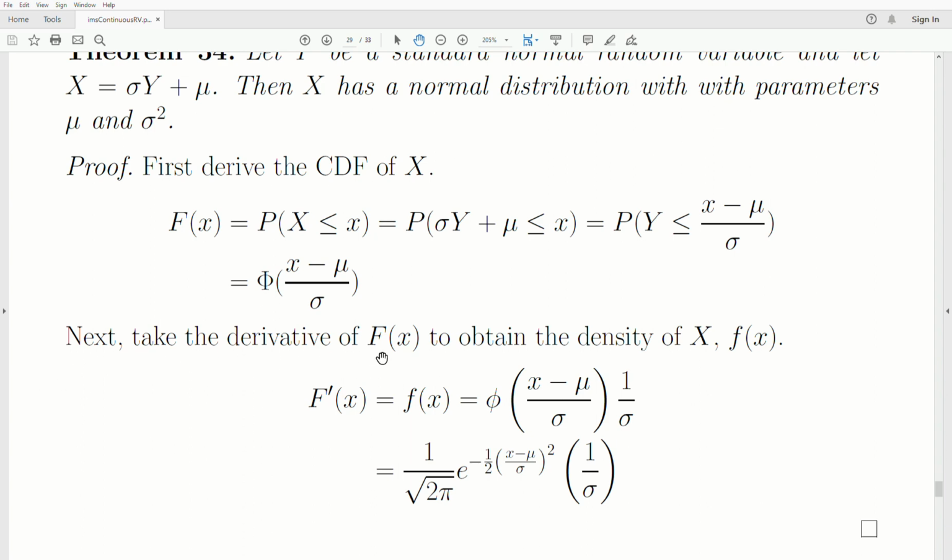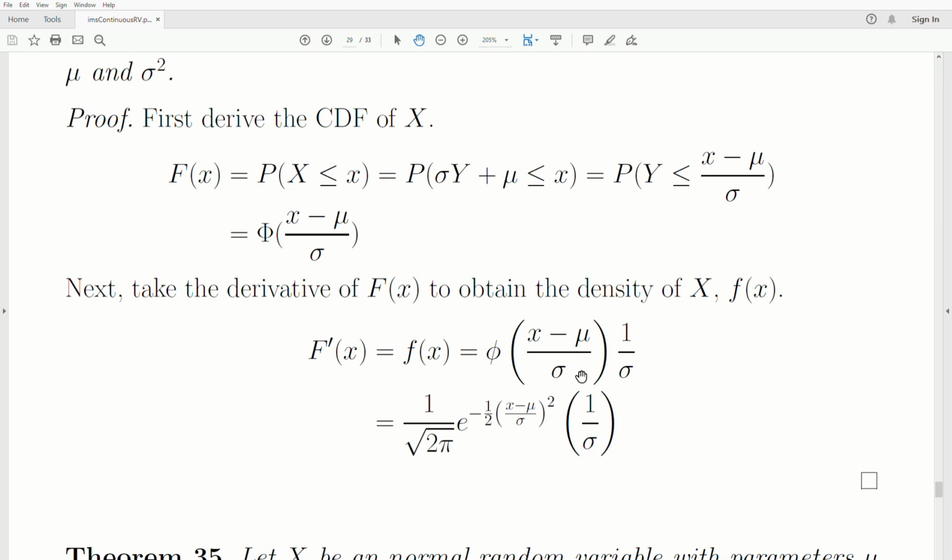Next, take the derivative of F of x to obtain the density of x, little f. So the derivative of capital F is the derivative of this. This is capital Phi, which is a CDF, so that becomes the standard normal density evaluated at x minus mu over sigma. But we also have the chain rule that we have to pay attention to, and this is the derivative with respect to x. So the chain rule gets us 1 over sigma.